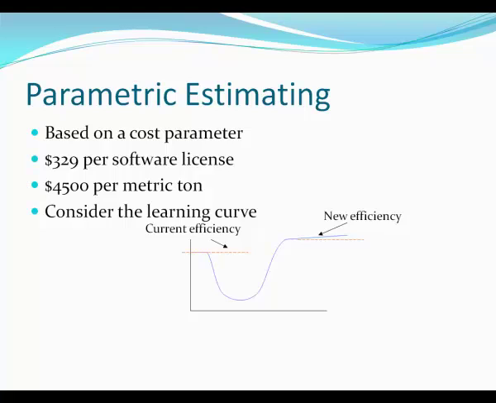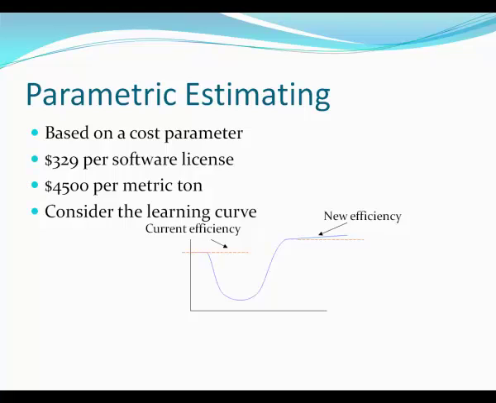Now, why that's relevant to parametric estimating: if we base our cost estimate on the first hotel room that takes us 10 hours to do, and then we master that activity, our time is actually going to be reduced, and the same results are going to come out of the activity that we've mastered. So we have to consider the learning curve, especially if we are a vendor and we're looking at what we are going to charge an organization for the work.